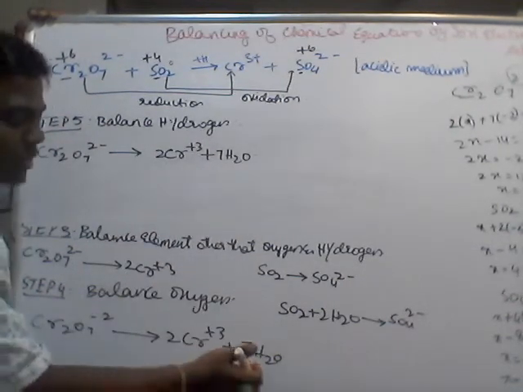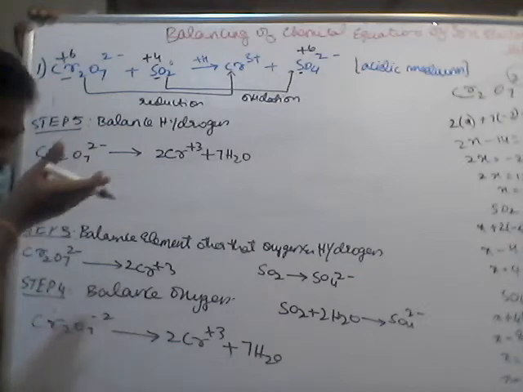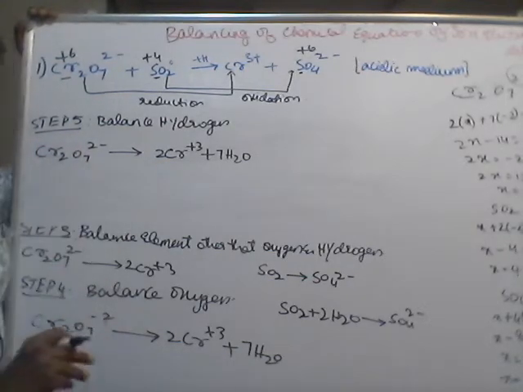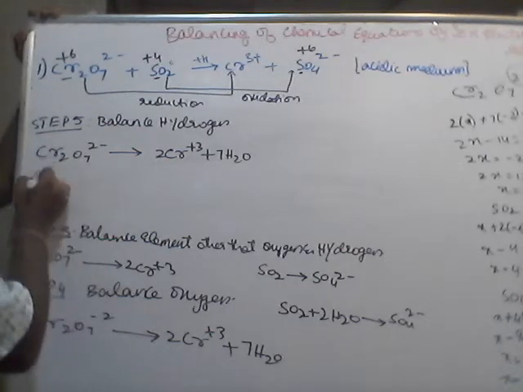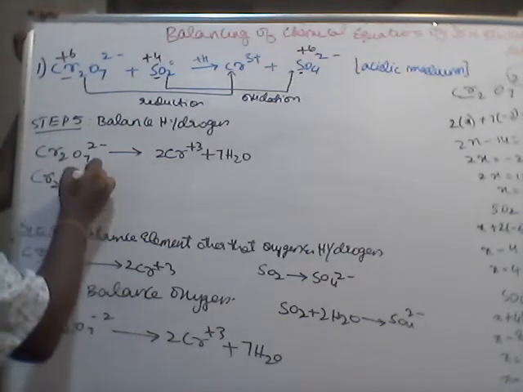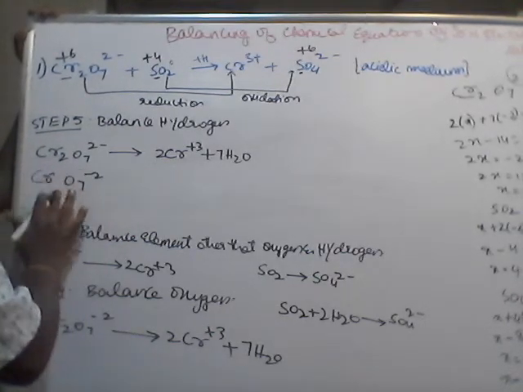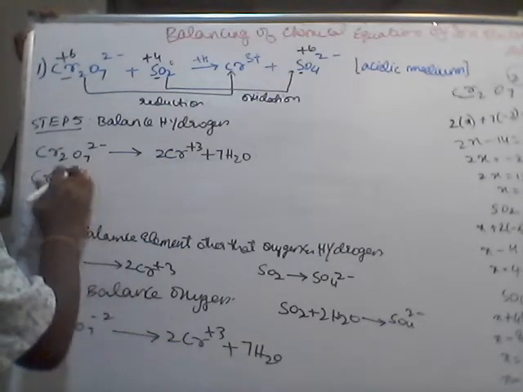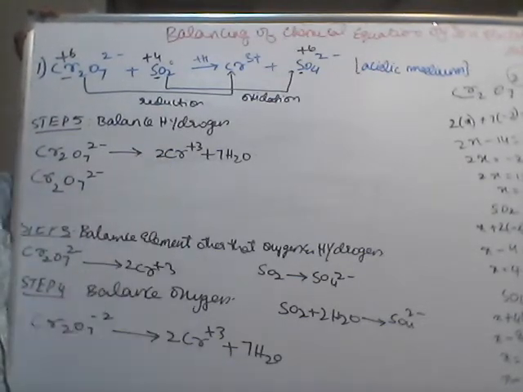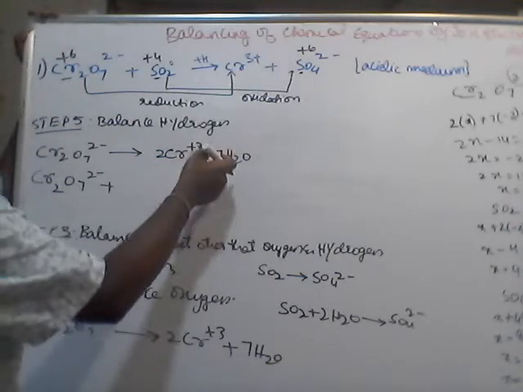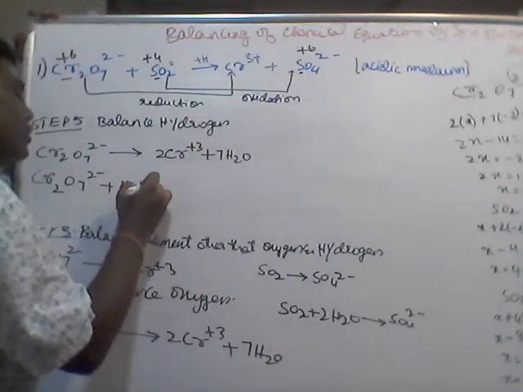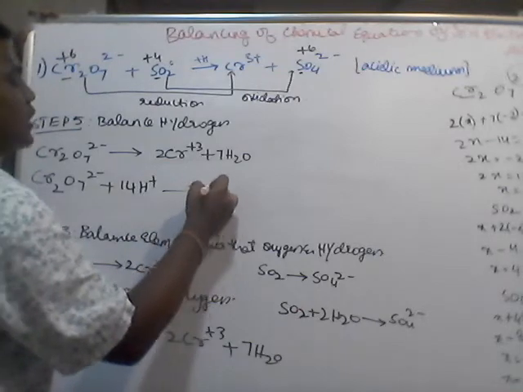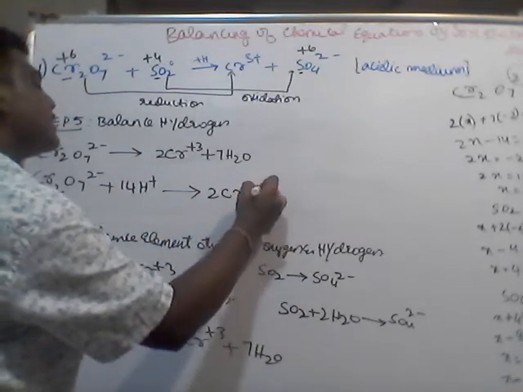Adding oxygen on this side made the reactant lose hydrogen. So to balance the amount of hydrogen on the reactant side, we will add the same number of H plus ions. Here 7 times 2 are 14 hydrogens lacking, so I will add 14 H plus ions to make it balance.